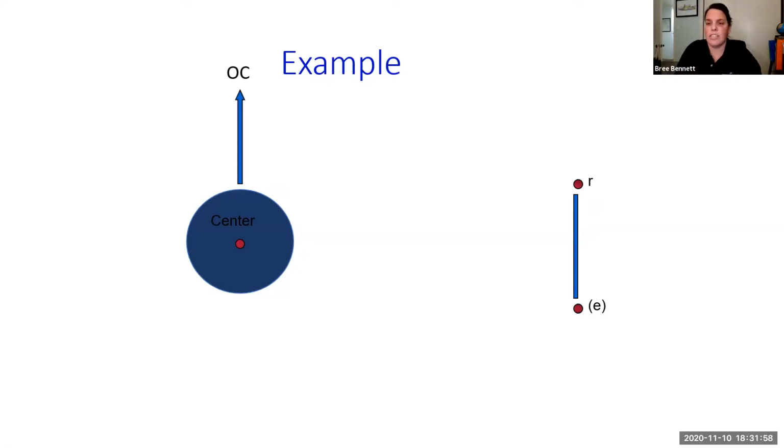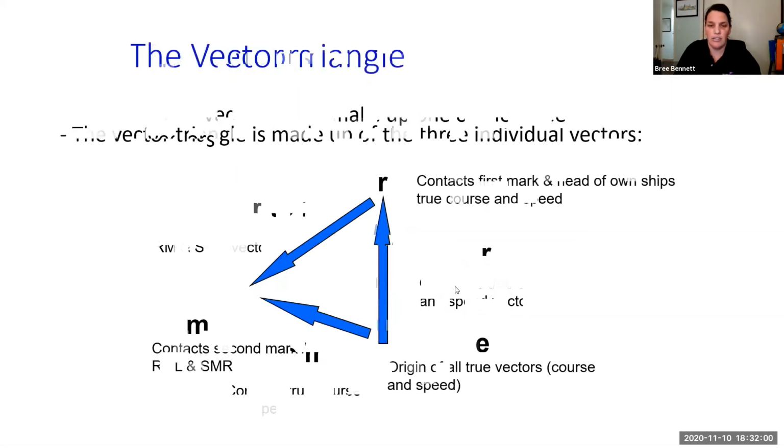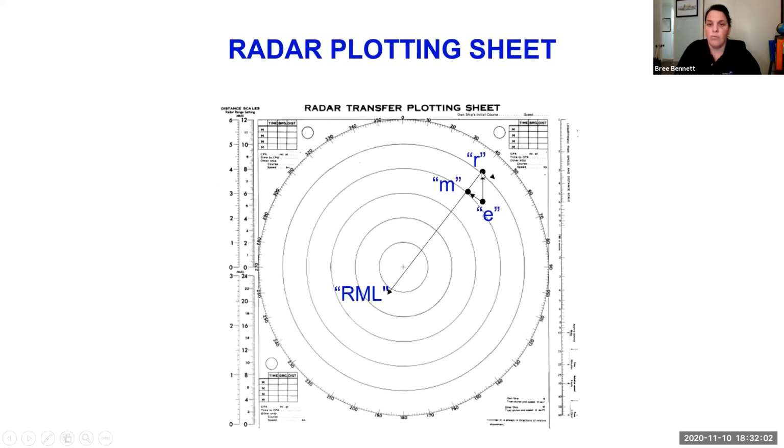So I was talking before how, let me go back to this one. You mark R to M, plot the relative motion line, get your CPA. Okay, we know that it's risk of collision. Then I'm going to plot my E to figure out what they're doing. So that's how I kind of do it on the paper plot.